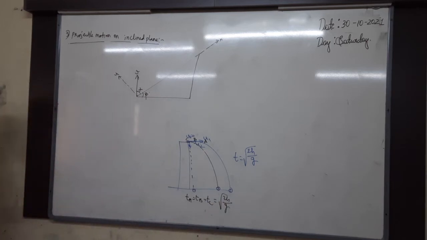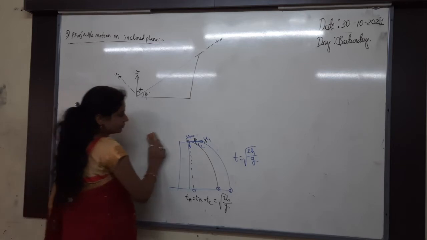Write that TA is equal to TB is equal to TC, that is equal to under root 2H by G. Done?